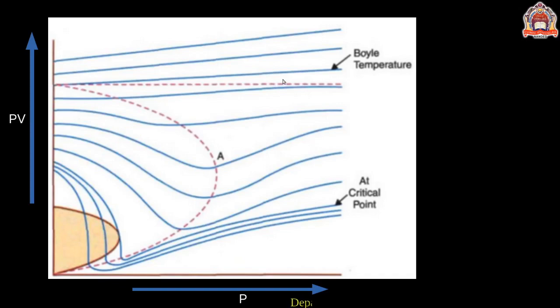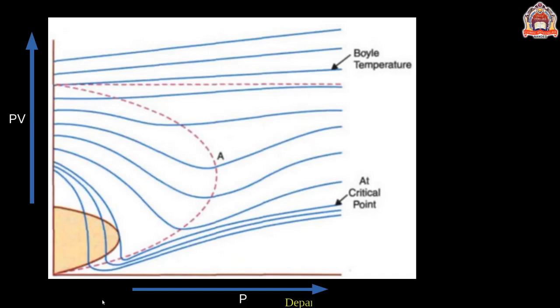So above this red dashed line there is the Boyle temperature, and below this line there are some changes of the gases. So here we studied the behavior of a gas. The general nature of the curve is the same for all gases. At a high temperature, the value of PV decreases initially with increase in pressure.